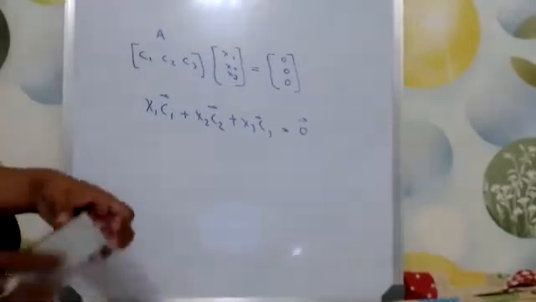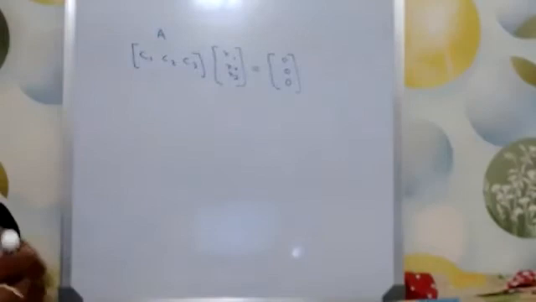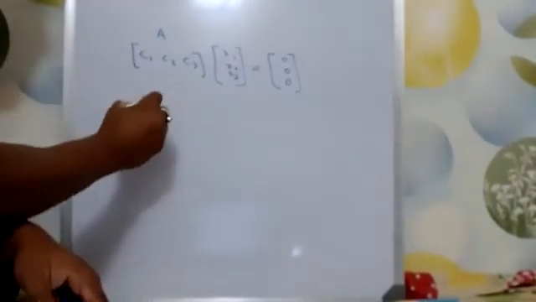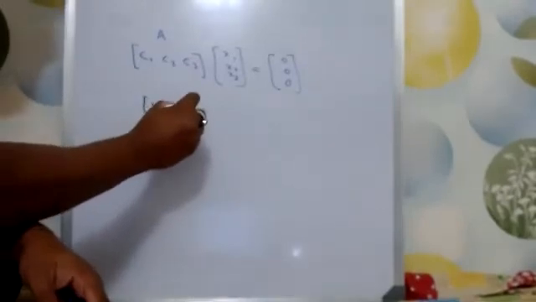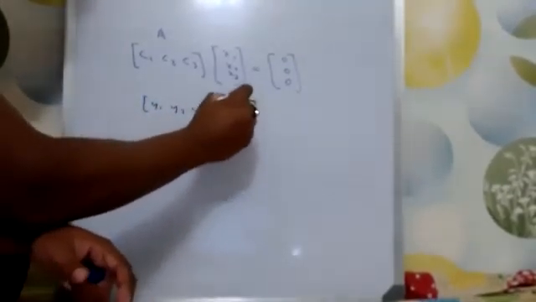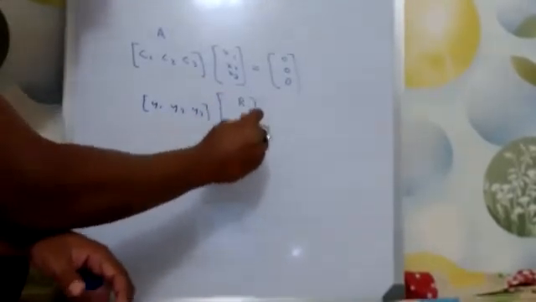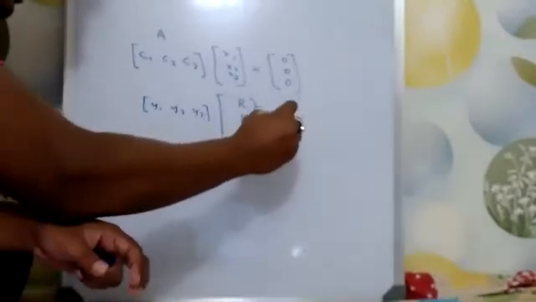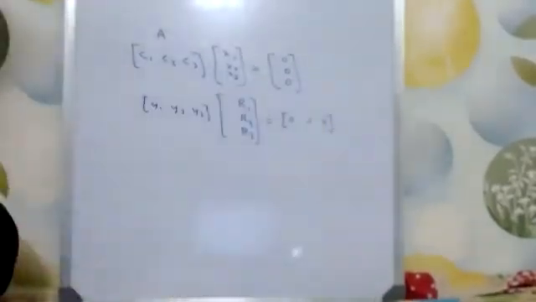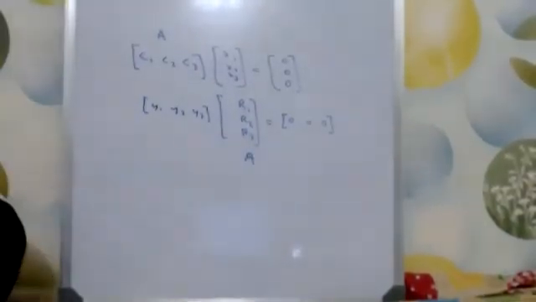Similarly, this can also be thought of like y1, y2, y3 times r1, r2, r3 is equal to 0, 0, 0. So this also can be A, right?